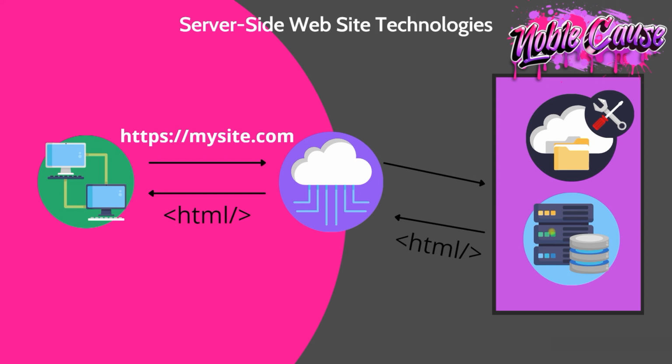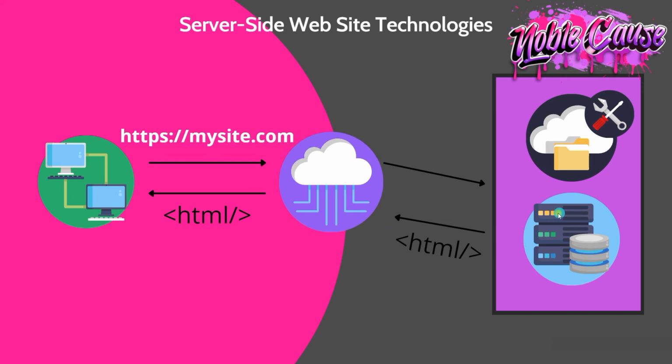In a server-side web technology, that server will read the request. In this case, there is nothing after mysite.com. We could have a slash and then some other text there, but in our example, we're just requesting the root site, mysite.com. Every web server is configured with a default document to return, just in case nothing but the root site is requested.